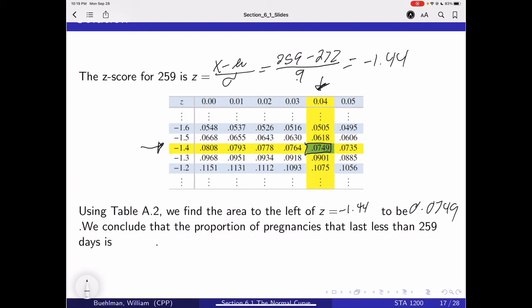So we conclude that the proportion of pregnancies that last less than 259 days is 0.0749. Or if we were to convert that to a percentage, we'd say about 7.49% of pregnancies last less than 259 days.